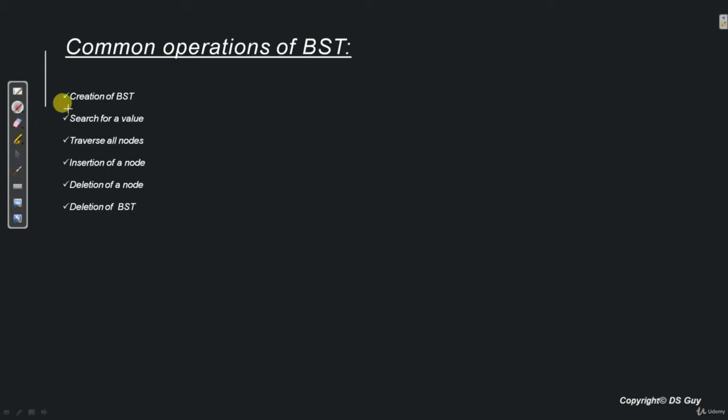So similar to what we have seen in case of a binary tree, in case of a binary search tree also, we have 6 operations that can be performed. That is, first we need to create a binary search tree, then we can search for a value in a binary search tree, then we can traverse all the nodes in the binary search tree, inserting a new node in a binary search tree is also possible, then we can delete a node in a binary search tree, and finally we can delete the entire binary search tree.